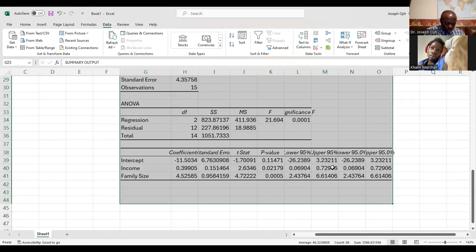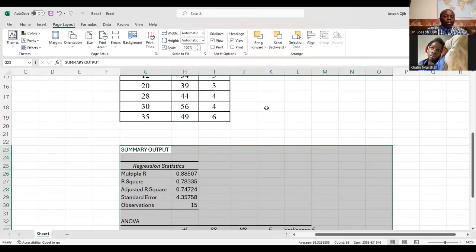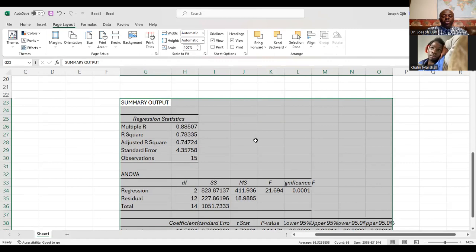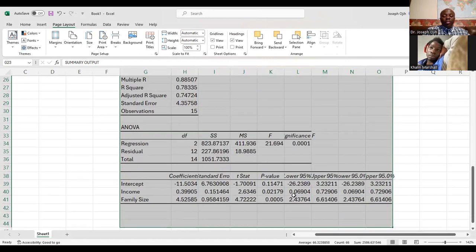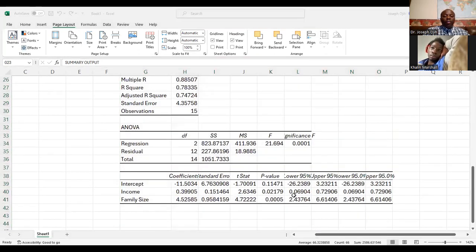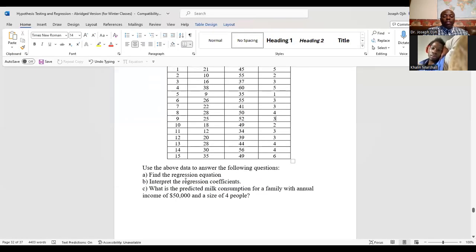All right, you can see the results. We're just going to use the ones we need to answer the three questions asked of us: find the regression equation, interpret the regression coefficients, and what is the predicted milk production for a family with an annual income of 50,000 and a size of 4 people.